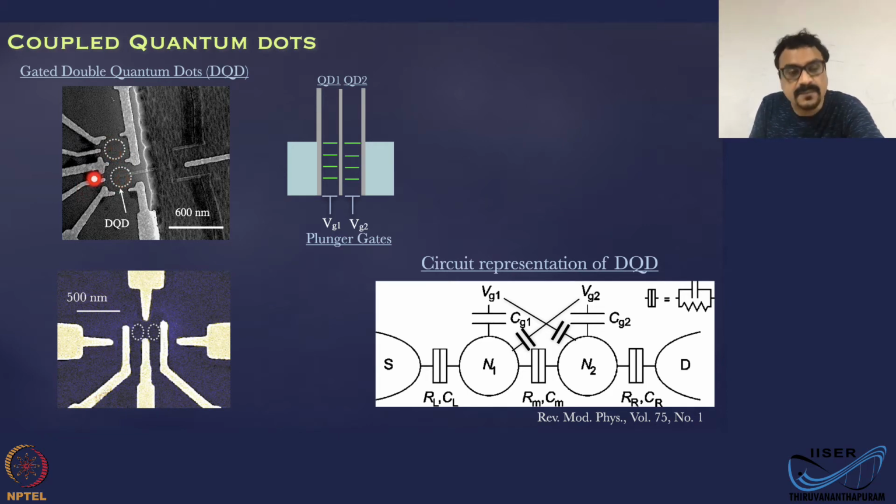That means there is a cross coupling from the gate of one quantum dot to the next quantum dot. Okay, so that is also always present. But most of the discussion we will not concentrate on that aspect. You can think of that as kind of an artifact of this design. But that is always going to be there.